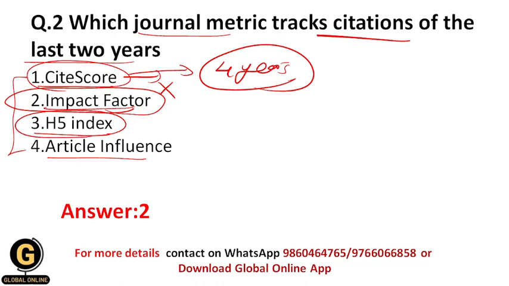Now let us see what is H5 index. So basically students, this H5 index, as the name suggests, H5, tracks citations of the last 5 years.